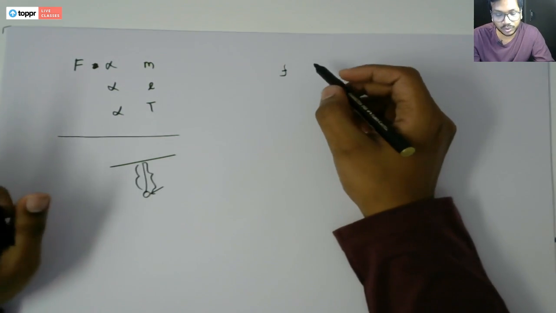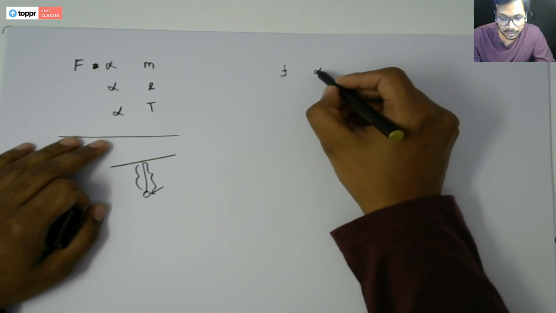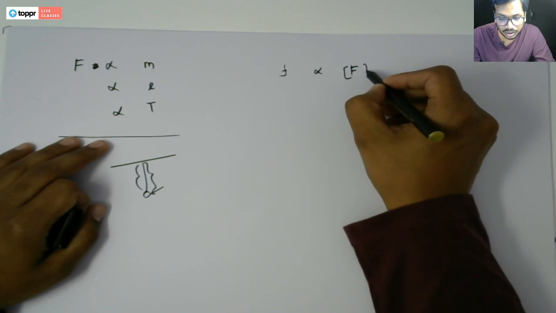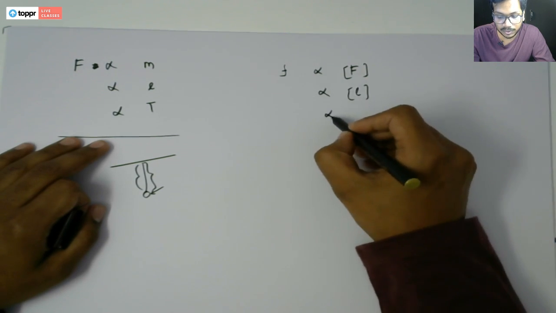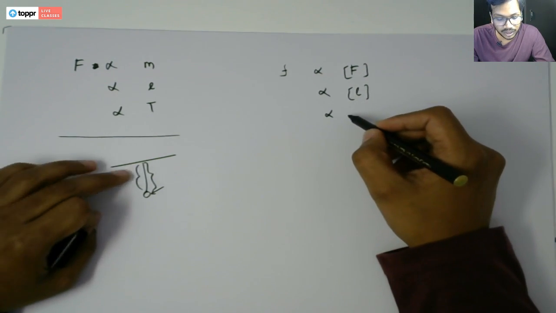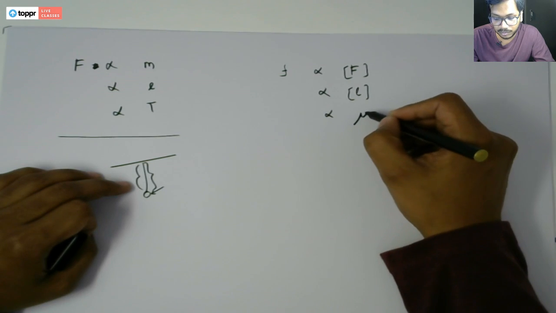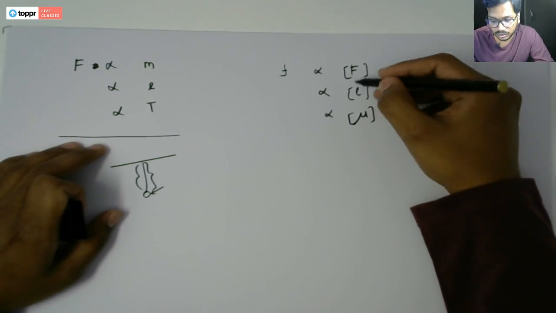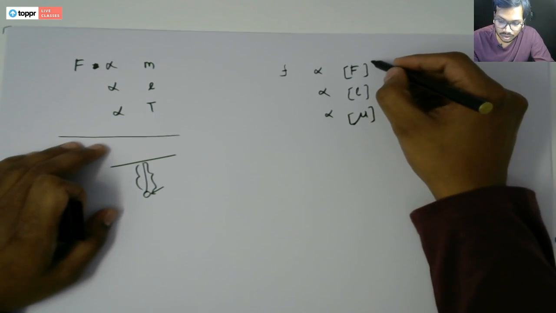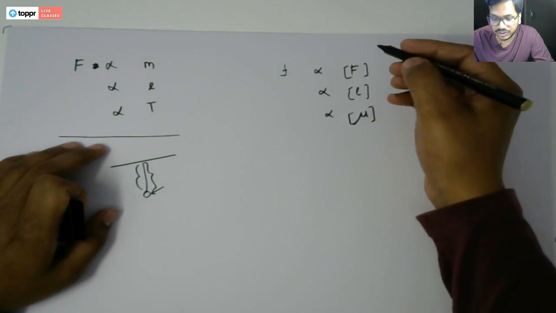So I'm just assuming these things right now. f is proportional to force acting on it, is proportional to length of the string, and is proportional to mass per unit length of the string. Let me call it mu. So I'm assuming the nature in which these relations are true.